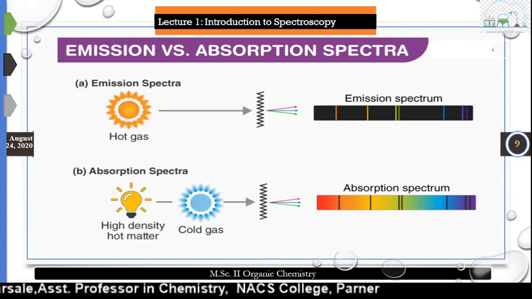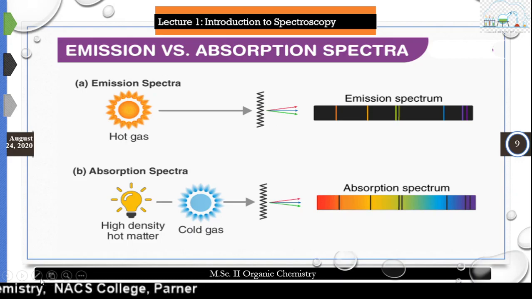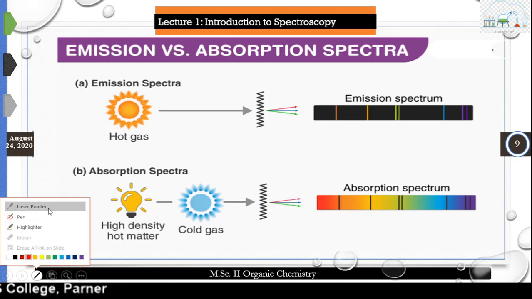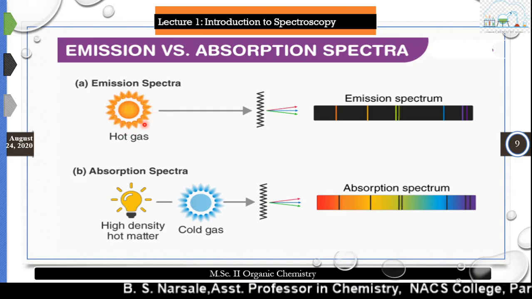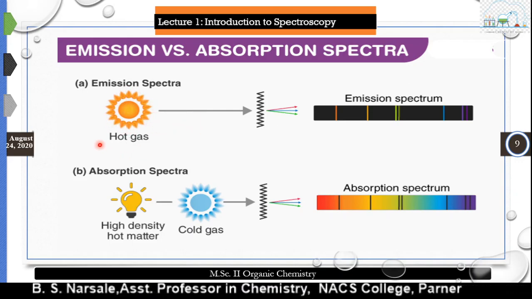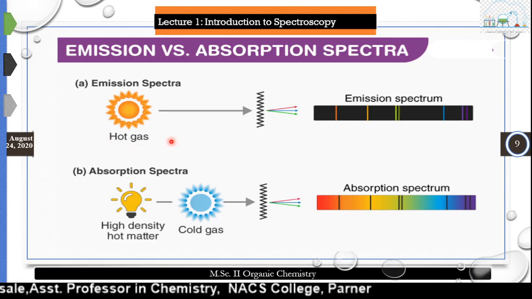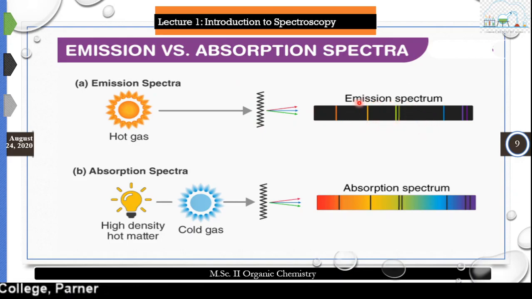This is a simple diagram of emission versus absorption. Look at this simple phenomenon. In emission, the energy is released in the form of vapors from a hot substance, and this is recorded in the form of a spectrum. The dark spectrum is known as the emission spectrum.